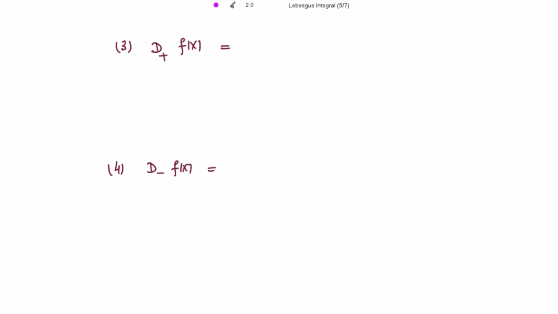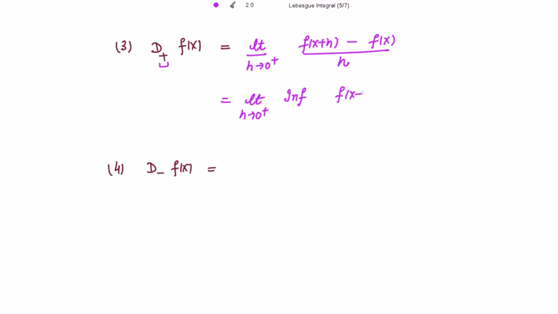Third, when I have the positive sign at the bottom, which means we are talking about the limit inferior, h tending to 0 positive, (f(x plus h) minus f(x)) divided by h, and this can be written as limit h tending to 0 positive, taking the infimum of (f(x plus h) minus f(x)) divided by h.